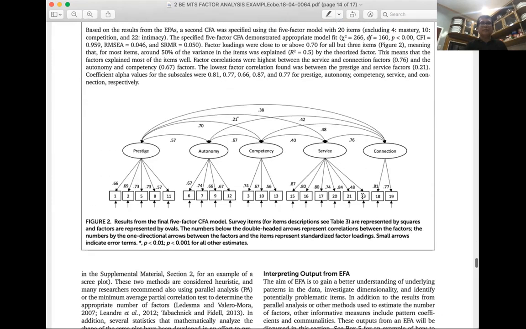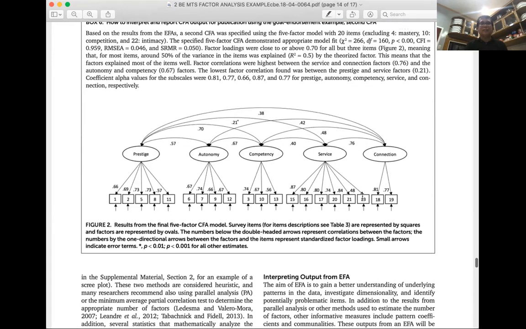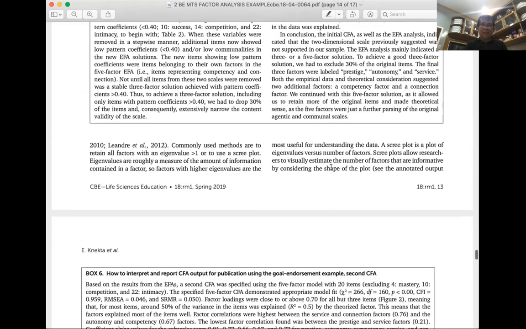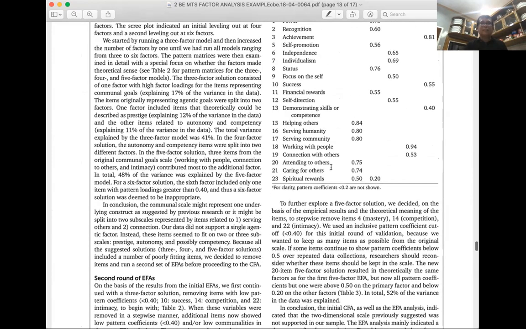So all of those are termed as service. The name of the factor is service. And it's very logical that these items are labeled as service: helping others, serving humanity, serving community, attending to others, caring for others, spiritual rewards. It's actually service.